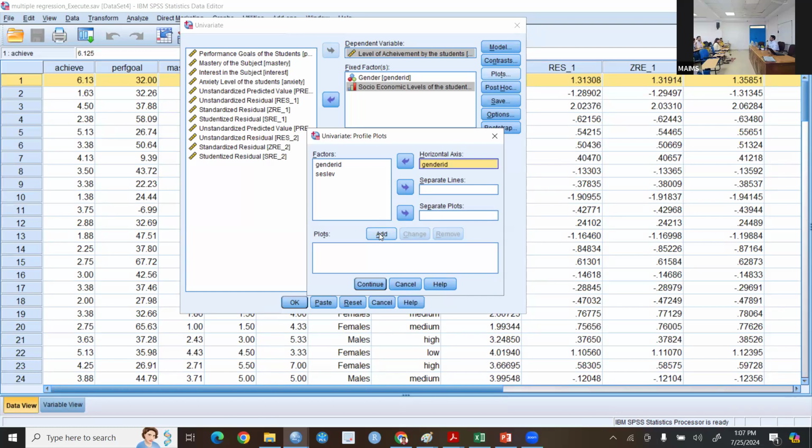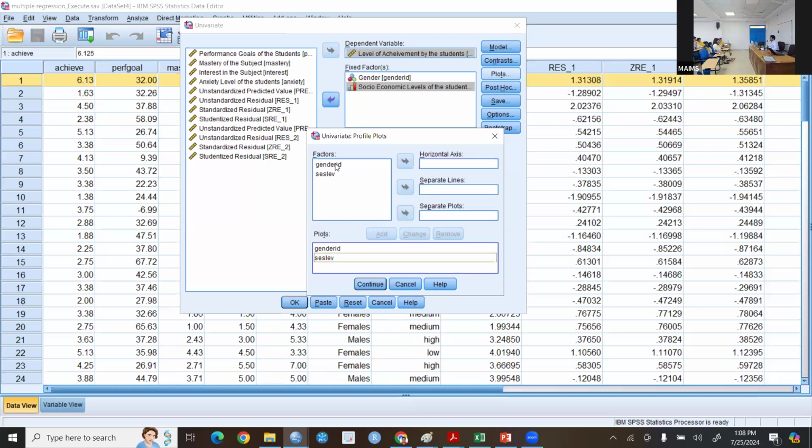You have to tell the software that I am going to use gender as IDV to investigate the CGPA of the students. Second is put socio-economic level. This is also going to be the second IDV and add into the list.